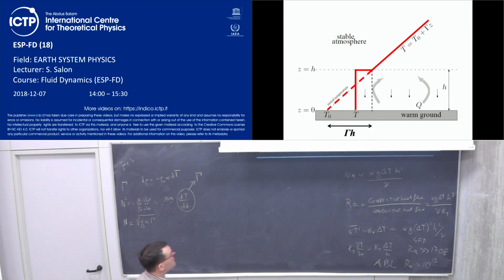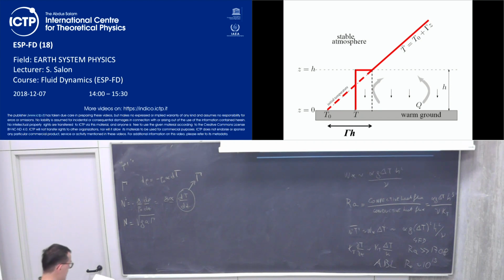Okay, so the first condition that we want to analyze is that the variation in temperature, the variation of the heat content in our layer, is strongly related to the heat flux which is transferred from the warm ground to the system itself.